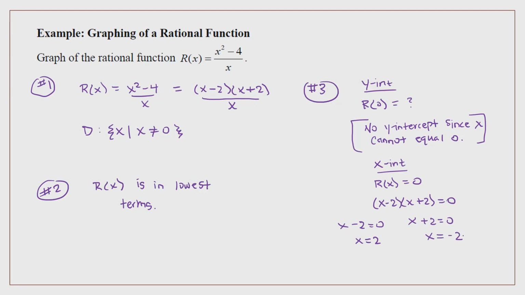And we get x equals 2 and x equals negative 2. So our two x-intercepts are going to be (2, 0) and (negative 2, 0). Those are our two intercepts. Okay. Alrighty.